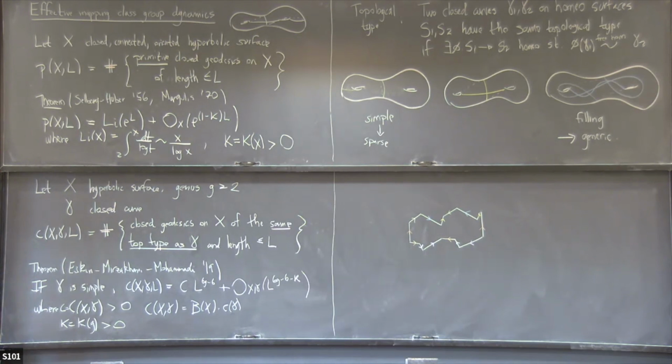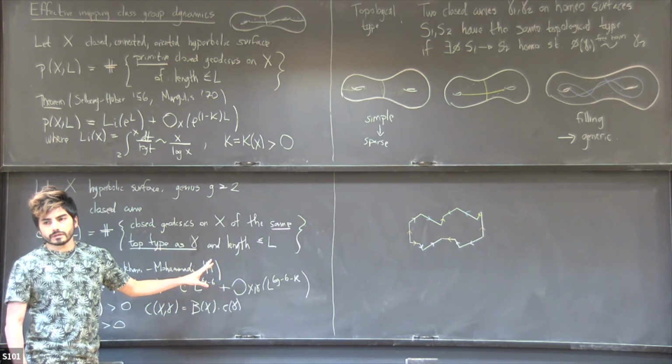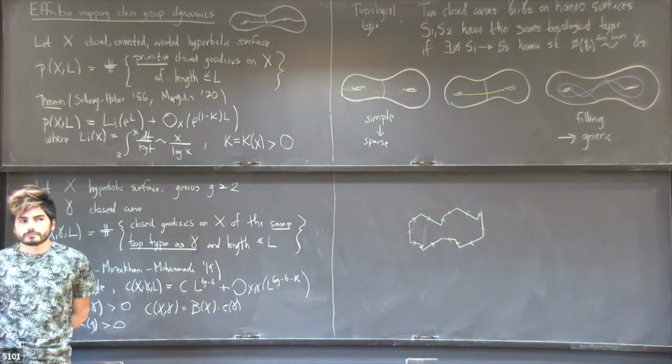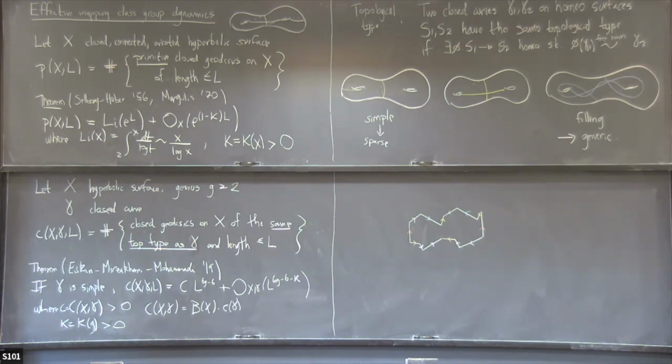If you associate with gamma the conjugacy class in the fundamental group, then this is an invariant of the conjugacy class, right? Yeah, this is an invariant of the mapping class group orbit. I'm a bit confused here, because those elements in the fundamental group which are conjugate to the representative of gamma are not in this counting.